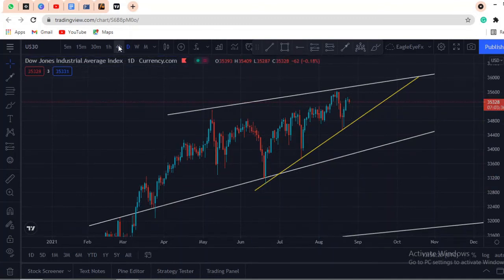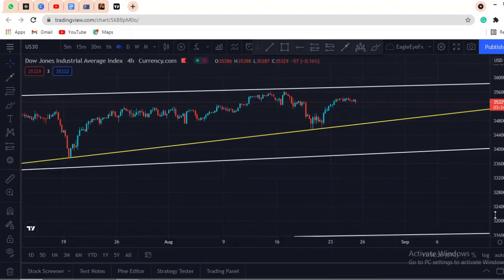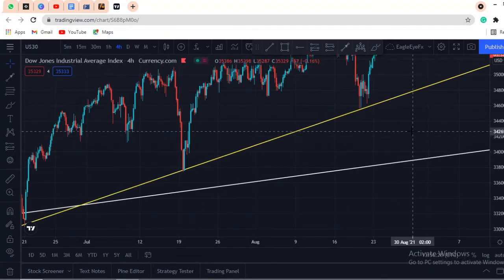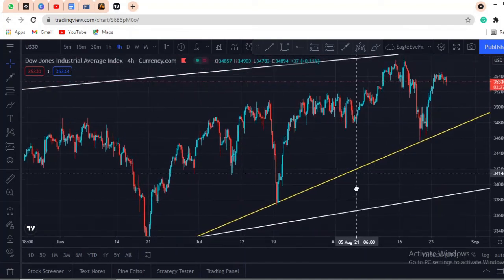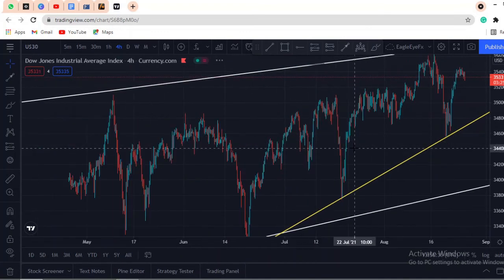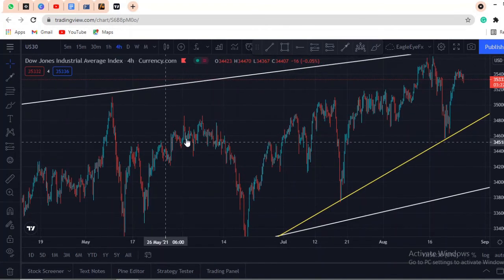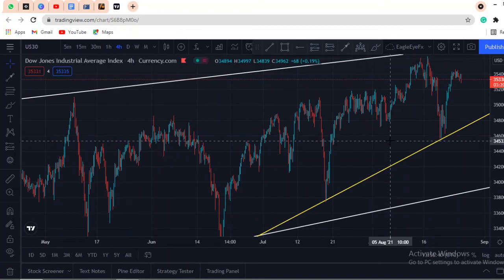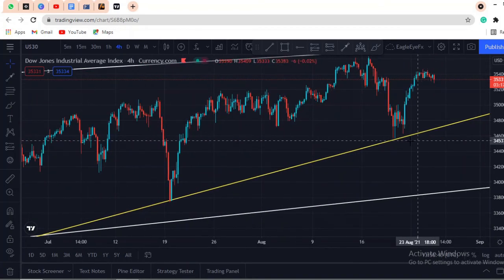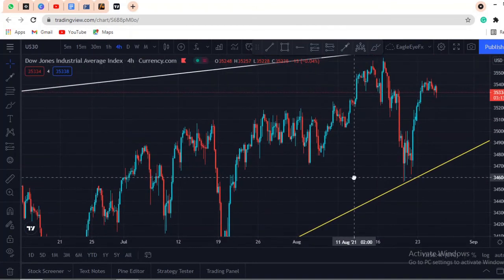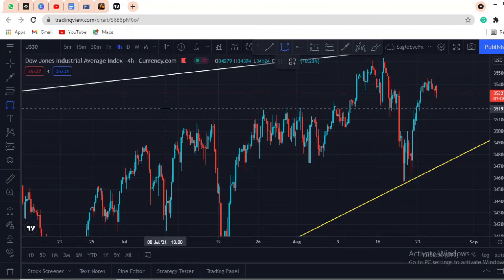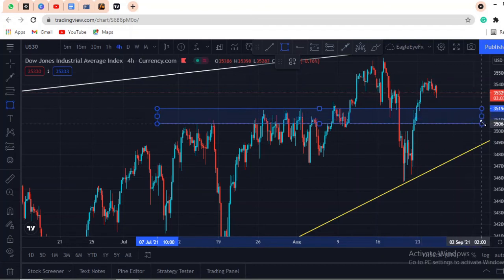So on the 4-hour time frame, if I zoom this, you see that there's this level here. So we can draw another trend line. Okay, and draw another trend line, but I want to first of all draw this zone here, because I see some sort of rejection.